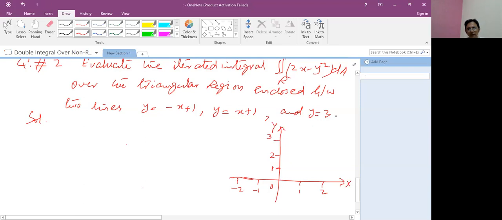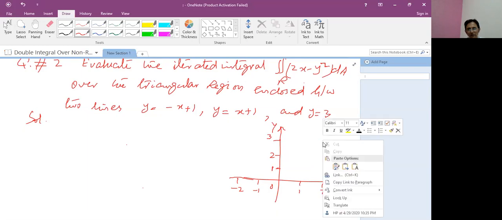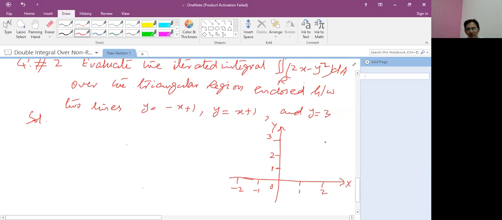So student, at y is equals to 3, first we draw a line at this point, and it will meet at this point and at this point.